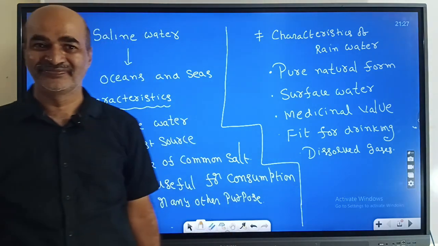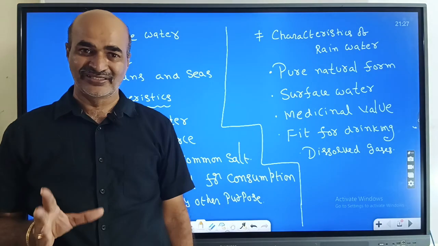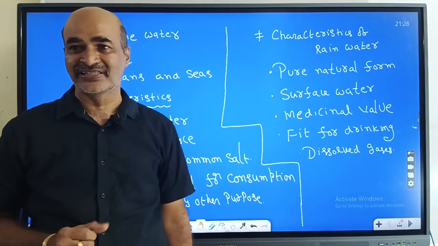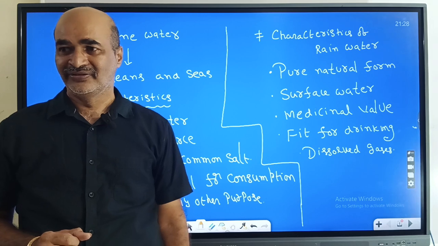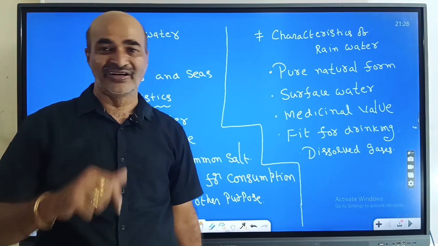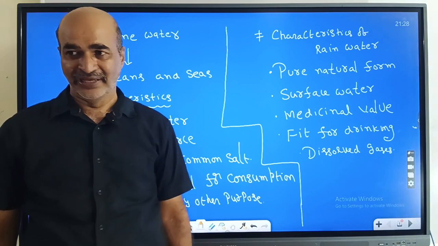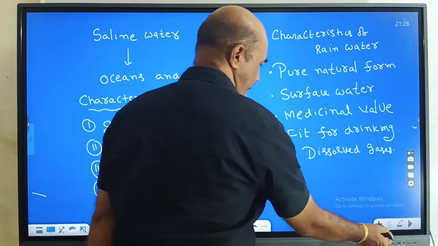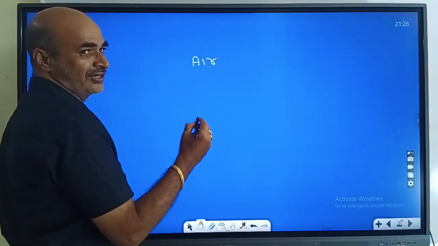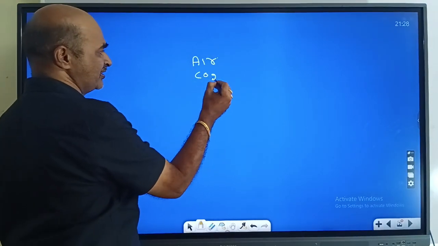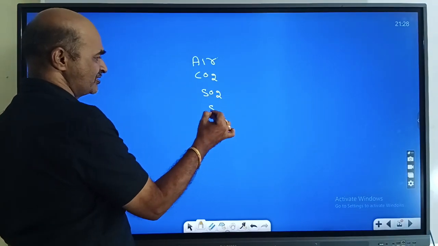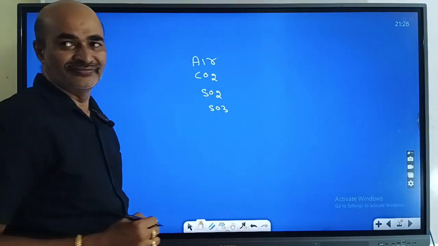Dissolved gases: air contains carbon dioxide, sulfur dioxide, and sulfur trioxide.